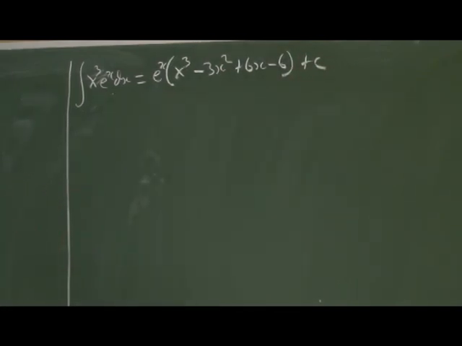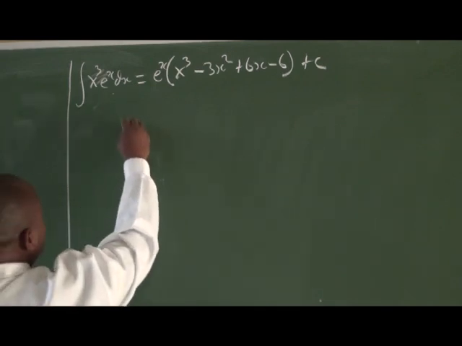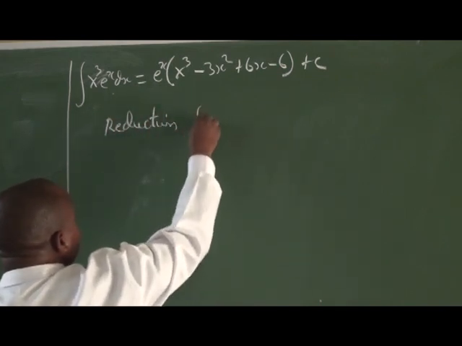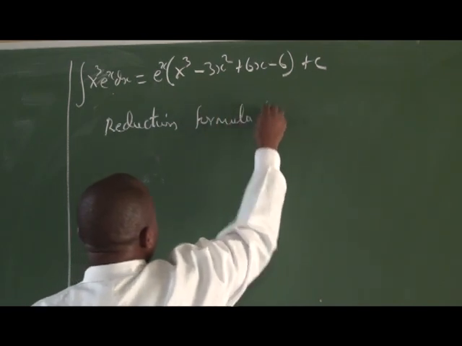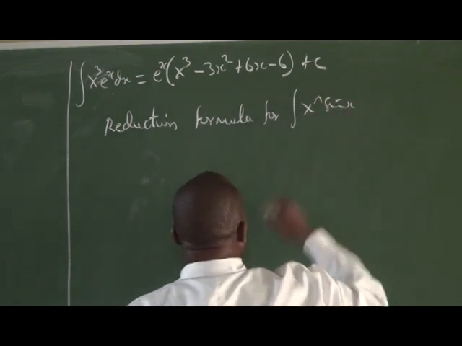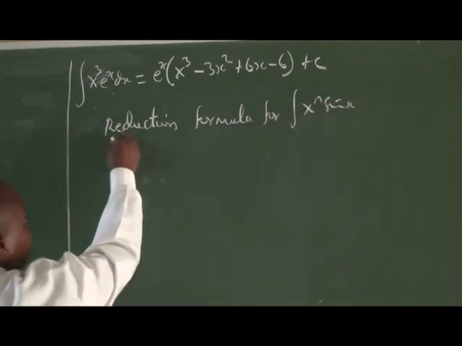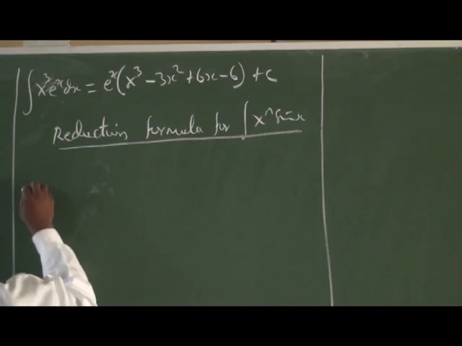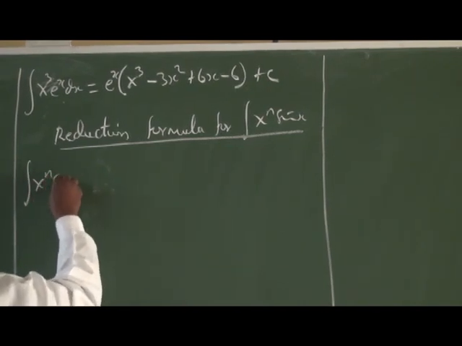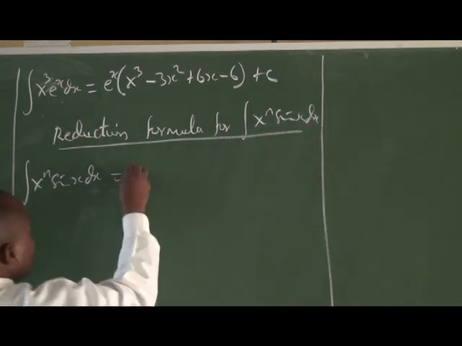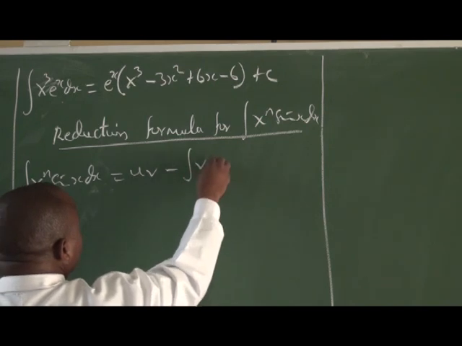So look at that. And if you use integration by parts, you can also get that. Then that also leads us to the reduction formula for the integral of x^n sine x. How do we derive that? Reduction formula for the integral of x^n sine x. Now, the integral of x^n sine x dx will be equal to uv minus the integral of v du.